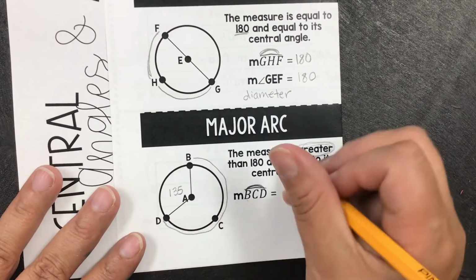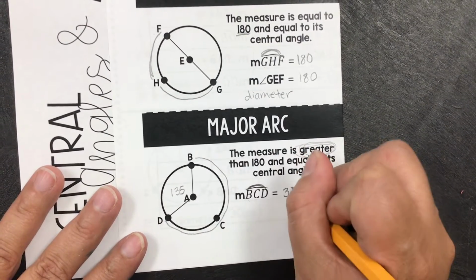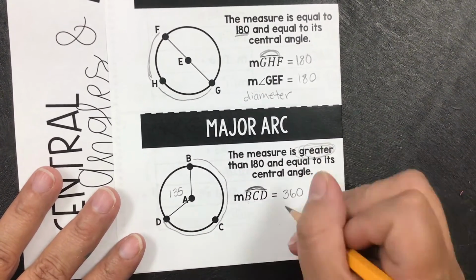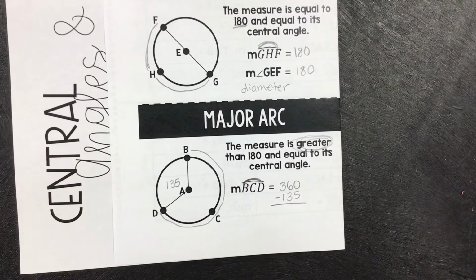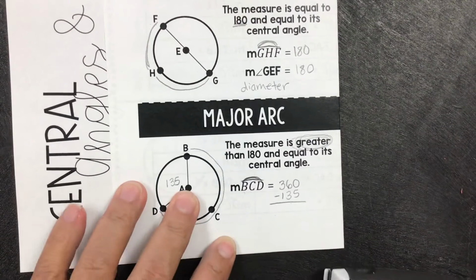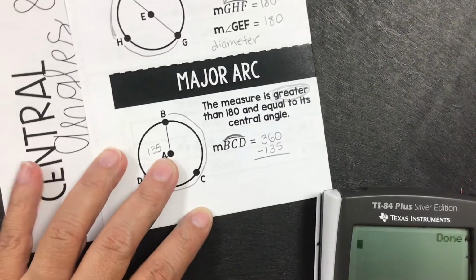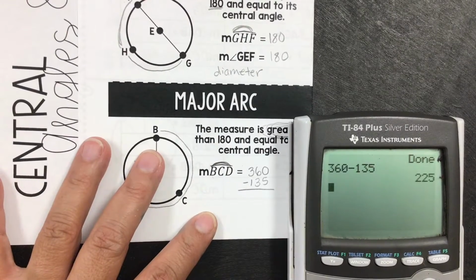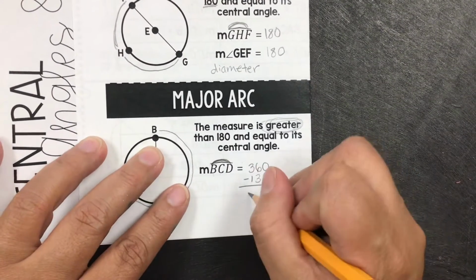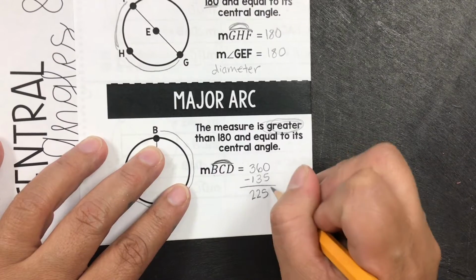How we get that value is 360 degrees, because that's the degree of a whole circle, minus 135. So 360 minus 135 is 225 degrees.